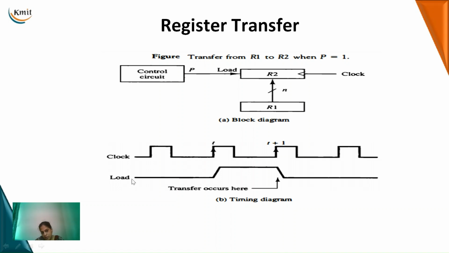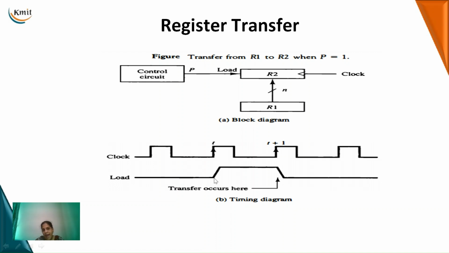So the load input, the control function P will be active at a timing signal T, but the load input takes one clock cycle to get executed. So at clock cycle T plus 1, the actual transfer of information takes place from R1 to R2.